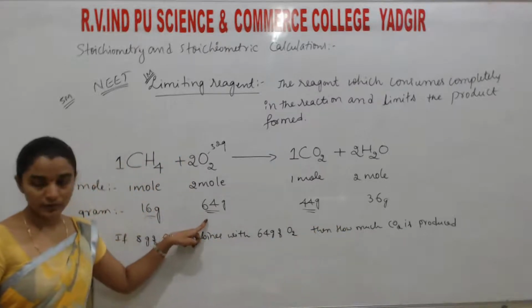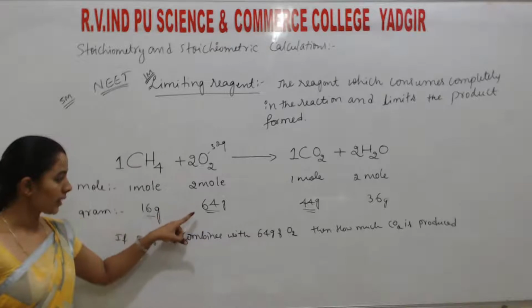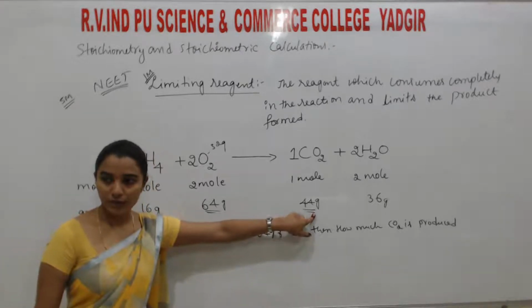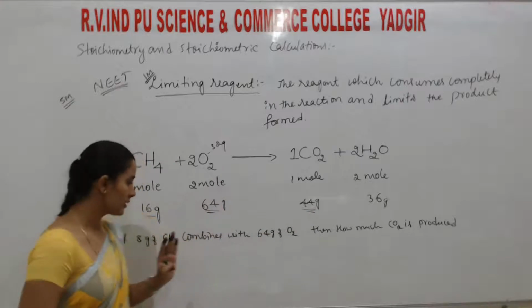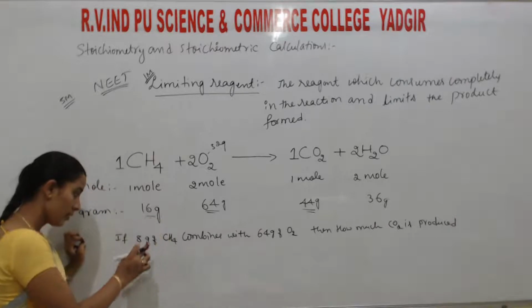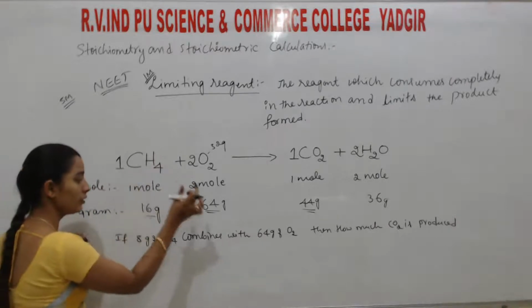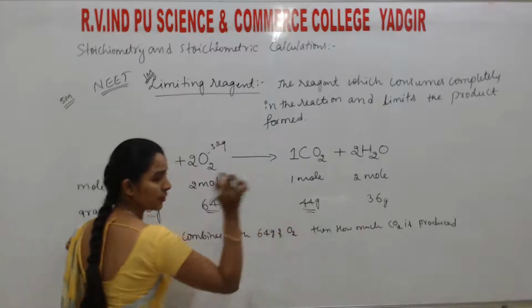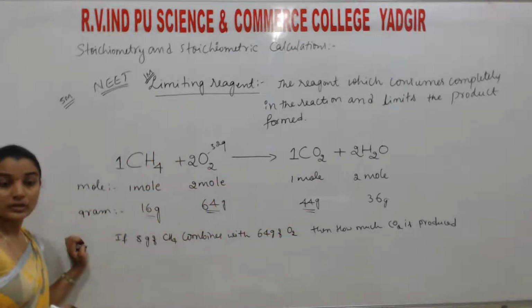If 64 gram of O2 is consumed by the CH4, then in the general reaction 44 gram of CO2 will form. Listen here, 16 gram of CH4 combines with 64 gram of oxygen and gives 44 gram of CO2.